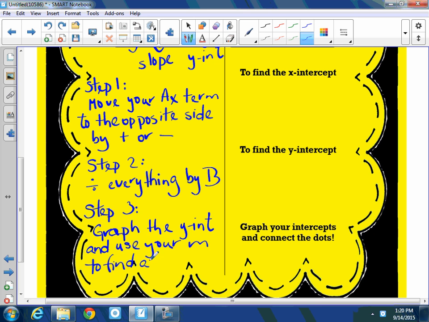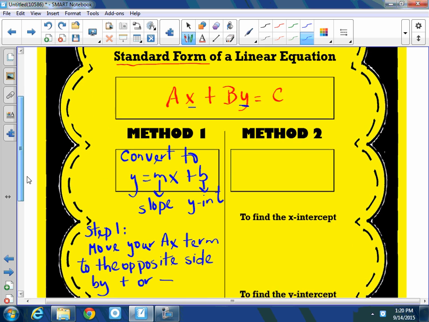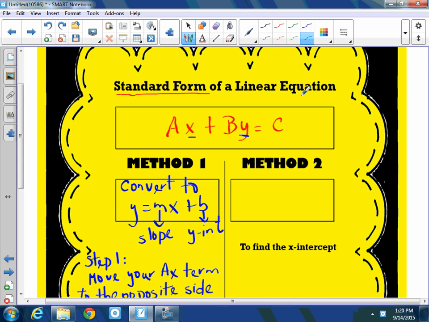The other method will be finding your x and your y-intercepts.